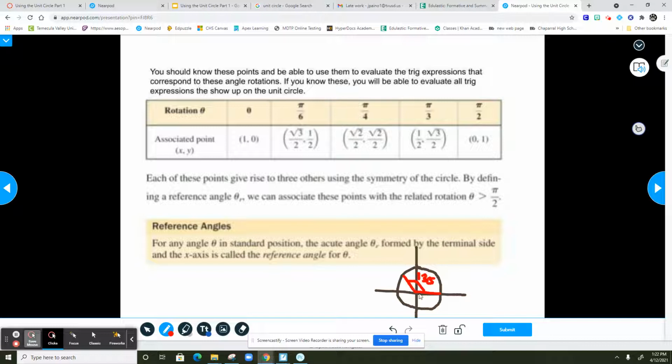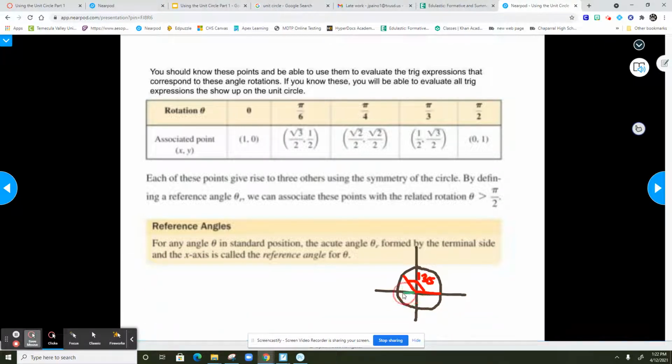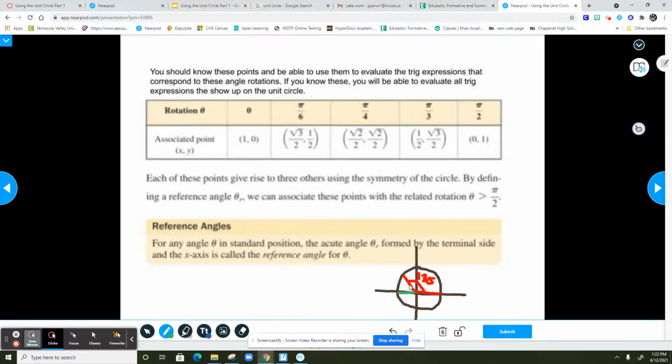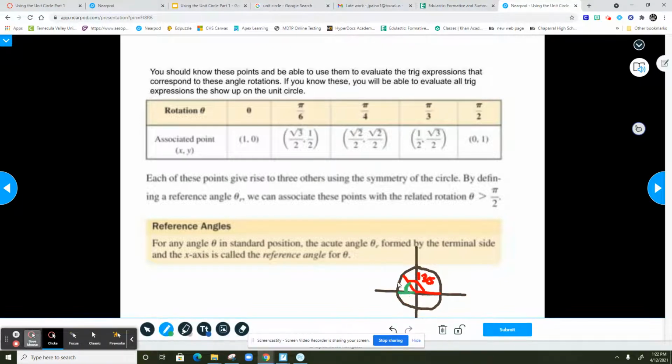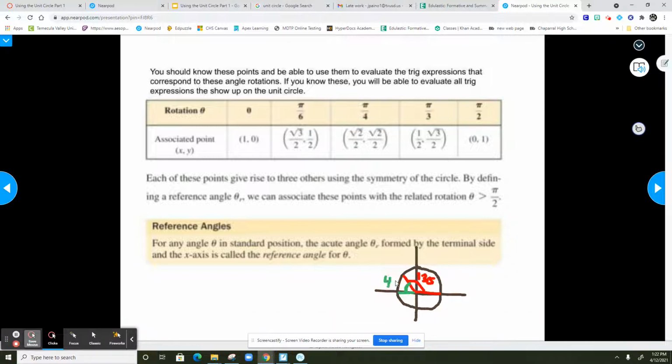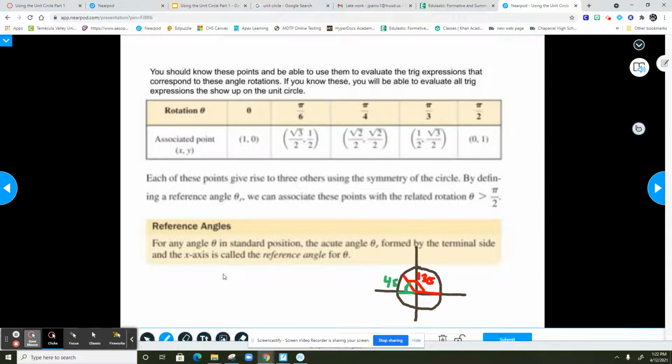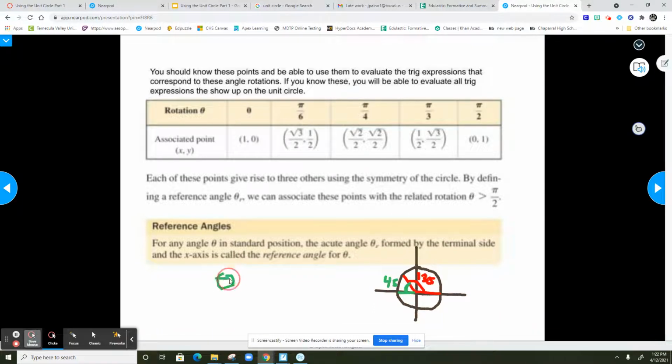So it's not the side on the positive x-axis right here. And so what they want to know, if I just change colors here, is what is this angle measurement? This angle measurement will be the reference angle. So that's 180 minus 135. So that's 45 degrees. So the reference angle here, theta subscript r, is 45 degrees.